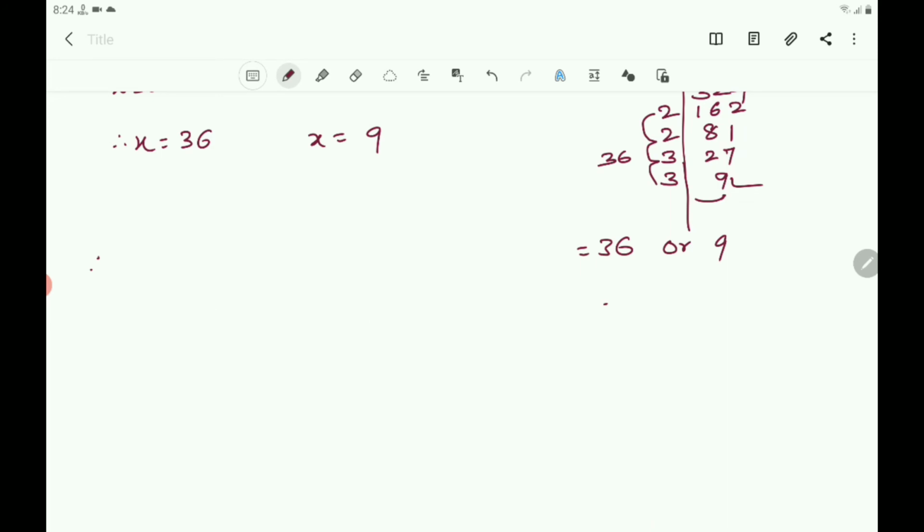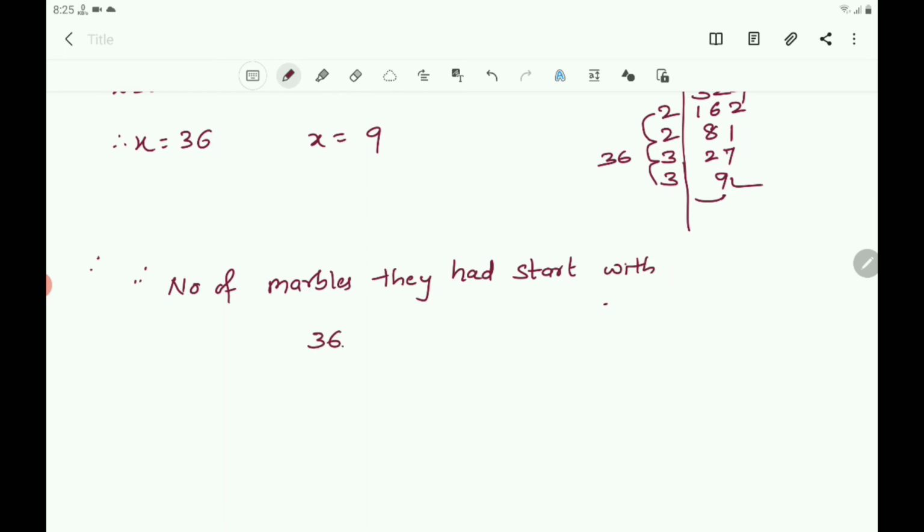Therefore, if John had 36 marbles, then Jivanti had 9. If John had 9 marbles, then Jivanti had 36. So the number of marbles they had is 36 and 9, that is the answer.